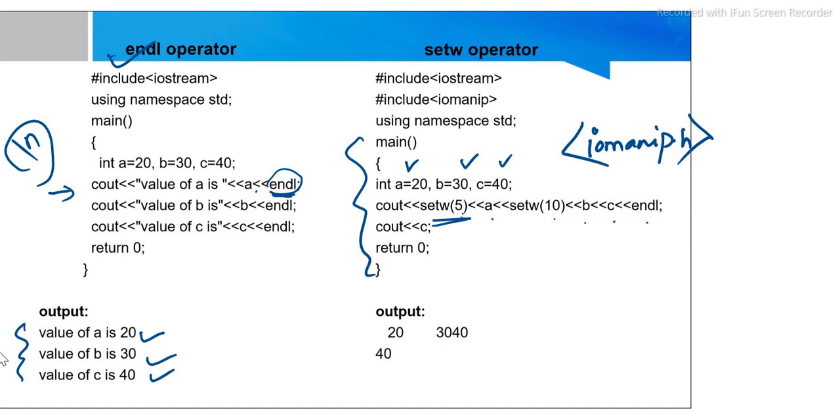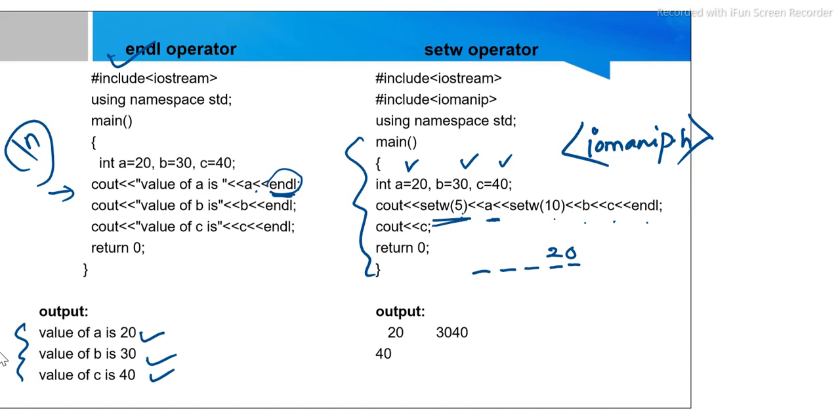So what happened here? When we write setw 5, it will reserve 5 places. Then, right justified, it will display the value of a. Right justified means 20 will be displayed like this, from the right.